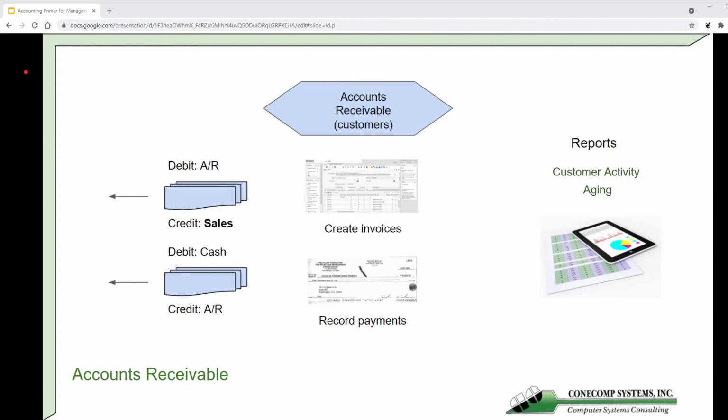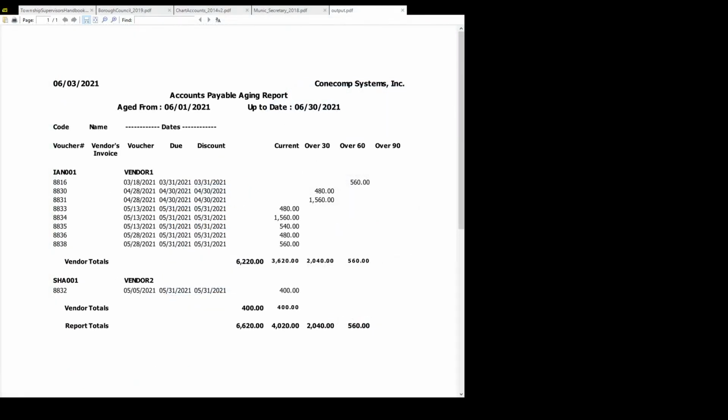The reports, there's a customer activity report, just like there is vendors, where you can see how well your customers are going. But the aging report is probably the most significant, and there's aging reports in both accounts receivable and accounts payable. Let me show you an example of an aging report. So here you see an aging report and what's significant about it is, if you notice, this is a mocked up accounts payable aging report.